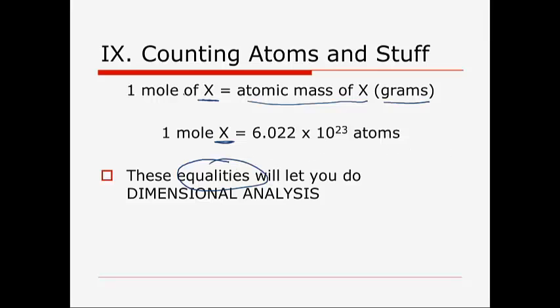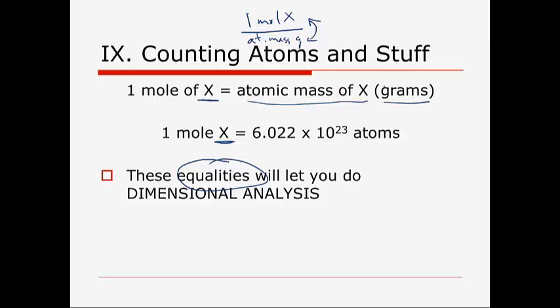I can say 1 mole of X over the atomic mass of X in units of grams. I can change moles into grams, okay, or grams into moles, or you can flip the top and the bottom. You can also make another equality with this one right here.